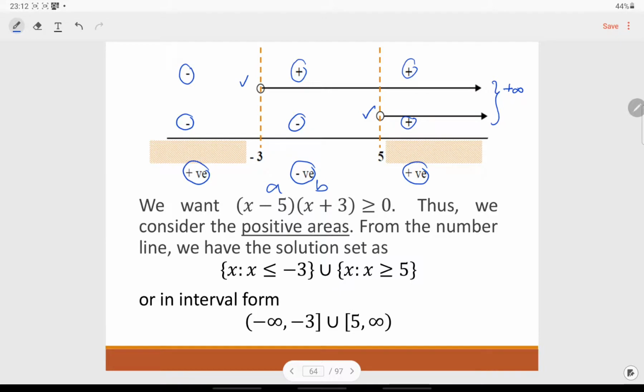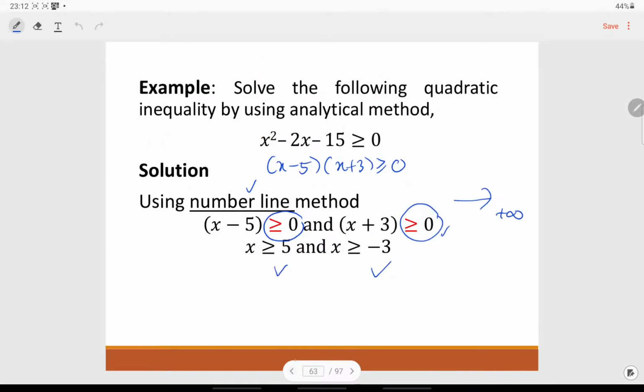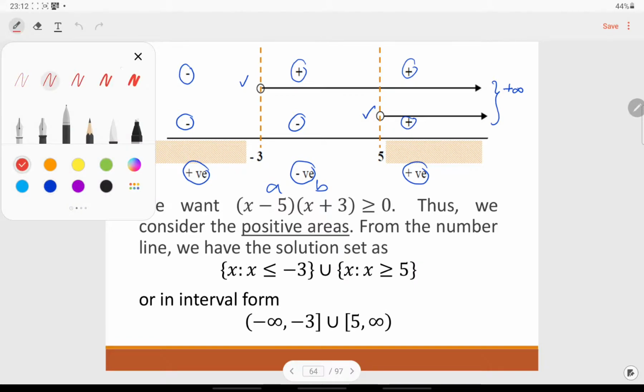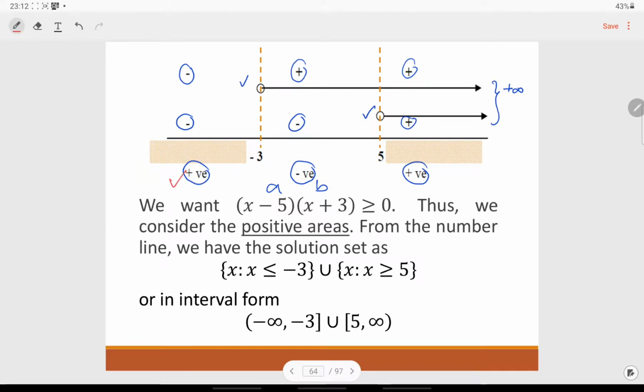Back to the given expression. Our problem is that this inequality is greater than or equal to 0, which means it is positive. So in this number line, we need to consider the positive areas. Where are the positive areas? The positive areas are here and here.